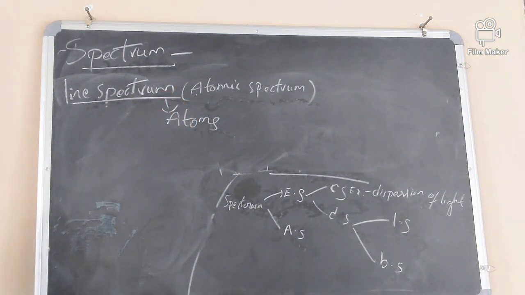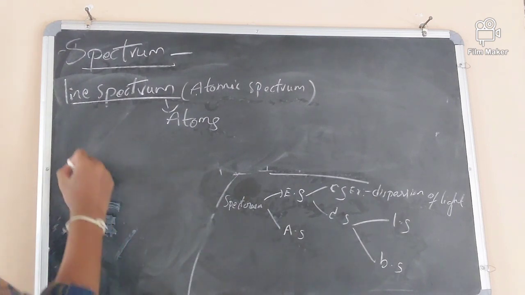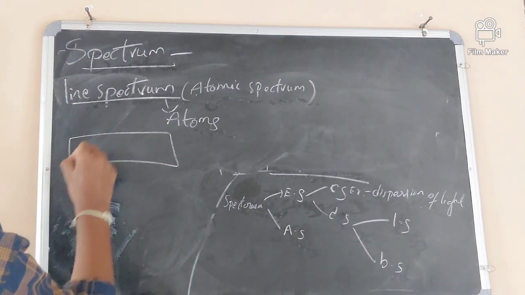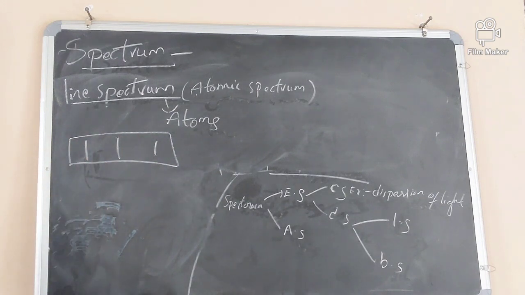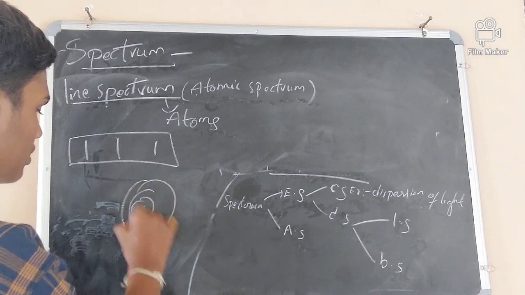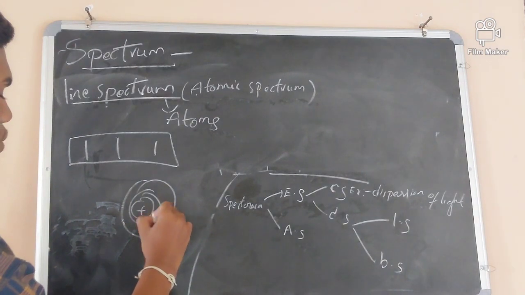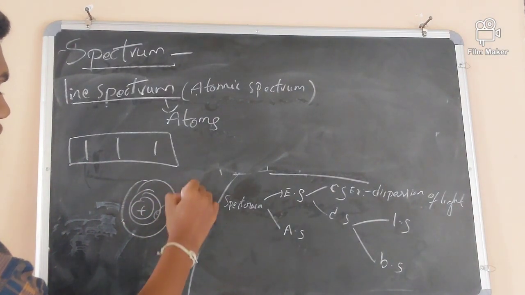The atomic spectrum is a discontinuous spectrum and it has single lines, single boundaries between the colors. This is the line spectrum. It is due to excitation and de-excitation of electrons, which means the electrons move from lower to higher levels and higher to lower.